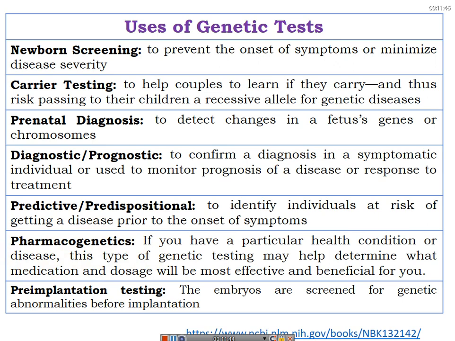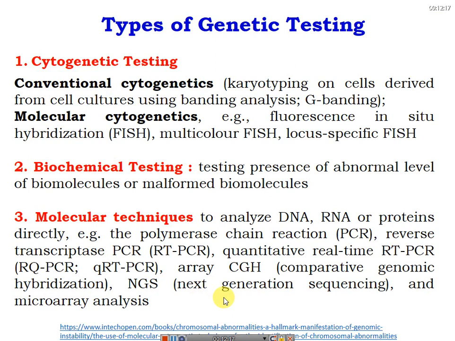And then pre-implantation testing. While implanting embryos into the womb, the embryos can be tested for any genetic abnormality before implantation, so as to prevent the formation of any fetus that is carrying a gene for a potentially genetic disorder.